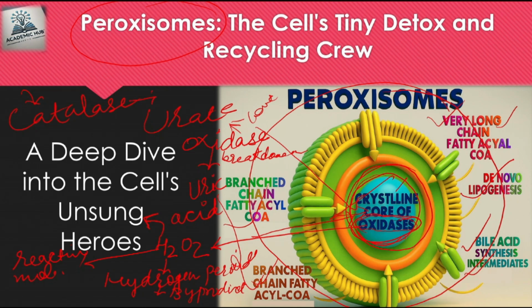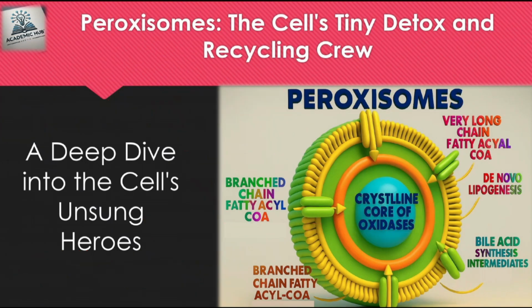Catalase is the enzyme which converts H2O2, meaning hydrogen peroxide, into H2O, meaning water, and oxygen. So the peroxisome has a specific enzyme, catalase, which safely converts H2O2, a highly toxic molecule, into water and oxygen.